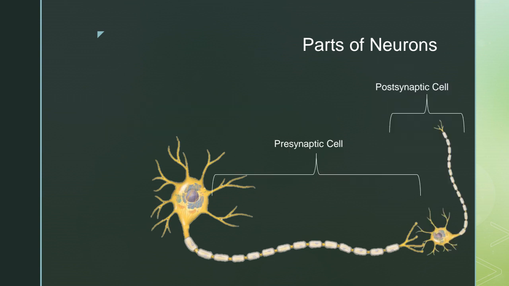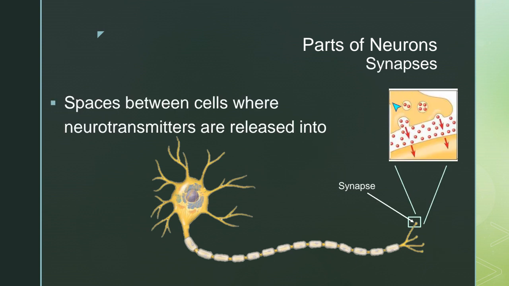Okay, so let's look at this, because it is sometimes referred to as a presynaptic and postsynaptic cell. So this would be the presynaptic cell. The presynaptic cell is the cell releasing the neurotransmitters, and the postsynaptic cell is the cell receiving the neurotransmitters.